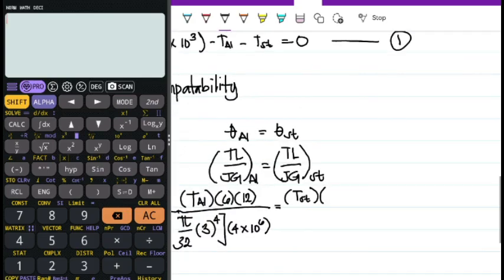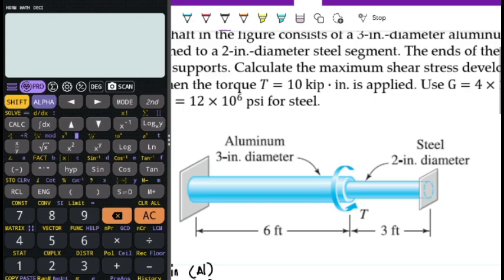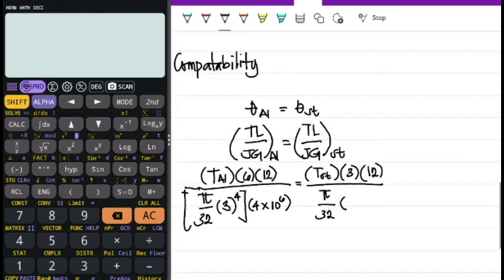So that is why our compatibility equation is the angle of twist of aluminum is equal to the angle of twist of our steel, wherein theta, which is our angle of twist, is equal to TL over JG. Now we substitute.